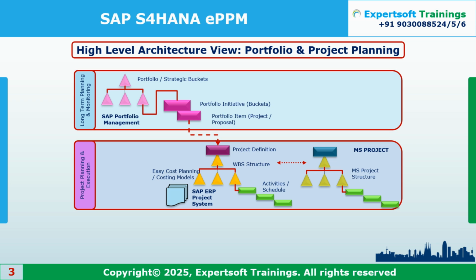Suppose I'm considering this portfolio as Reliance Jio. Under Reliance Jio, this bucket belongs to my internet, this bucket belongs to all my telecommunications, and this belongs to any further initiative like R&D kind of activities. Basically, there is a set of buckets, I mean projects. A bucket is nothing but a group of projects or a group of initiatives.